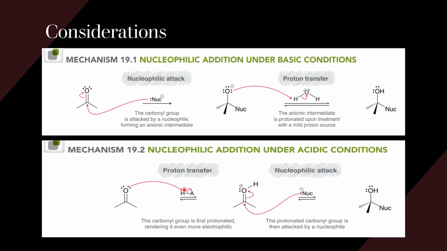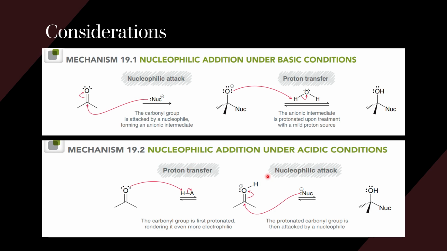Now, you will see that once it snatches off the proton, okay, the region of partial positive density, right here, is likely to then be attacked, okay? And in the process, in order to annihilate the positive charge here in the oxygen, we're going to resonate up the pi electrons onto the neighboring oxygen. So through this arrow pushing, we're essentially going to be able to create a much, much more stable molecule.